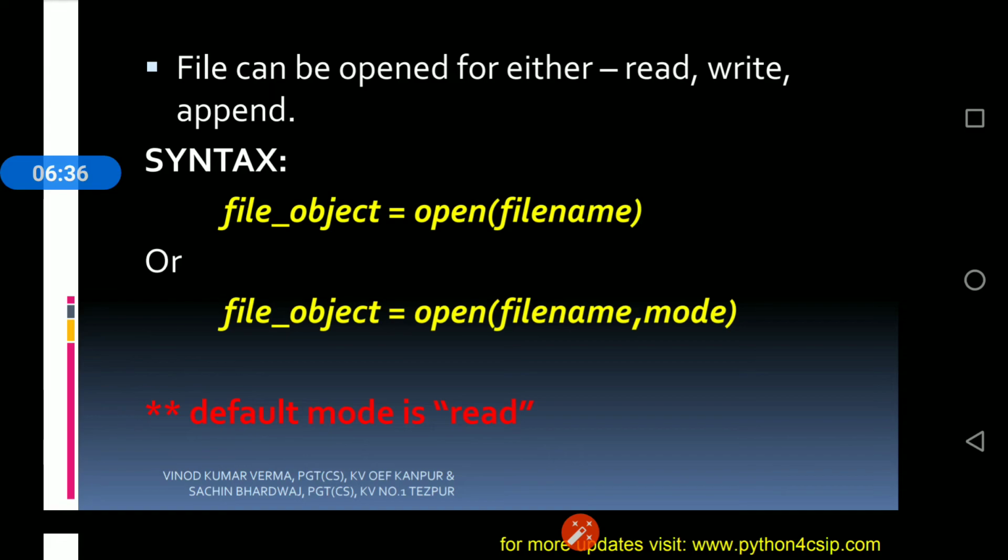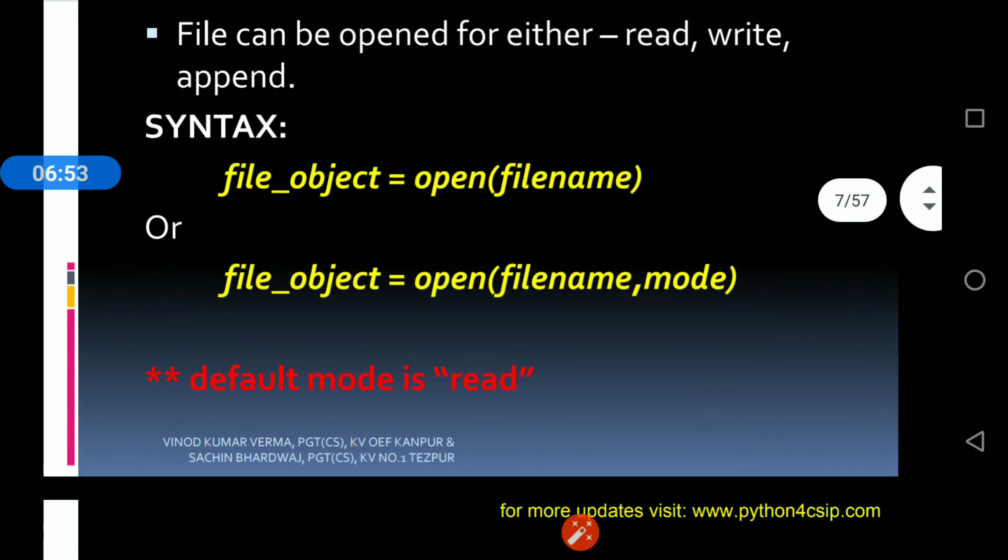Now you can write the file name comma mode also. What is mode? For example, if you want to read the file only, you have to write the mode R. If you want to write into the file, you have to write the mode W. All the different file modes we are going to study later, but by default, if you are not mentioning any mode, it is by default as read mode.